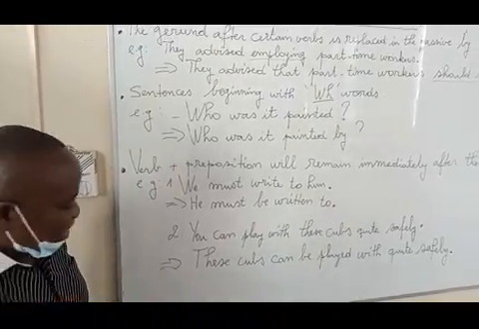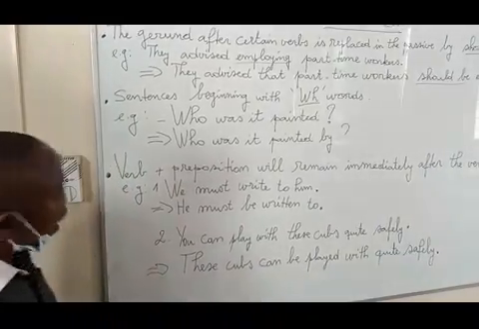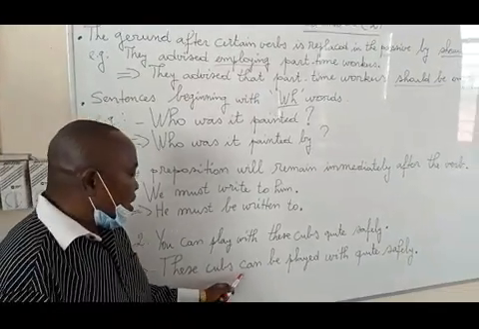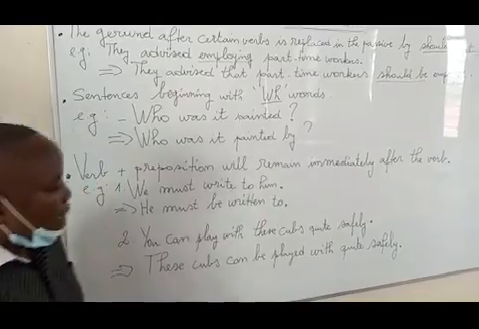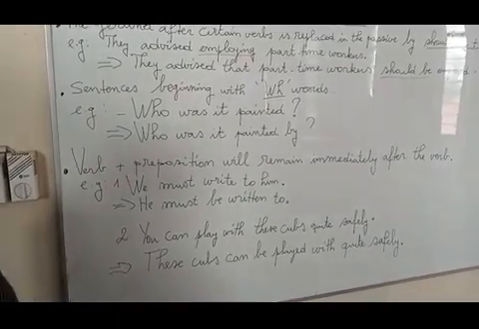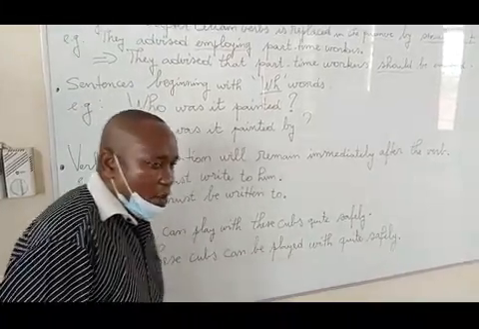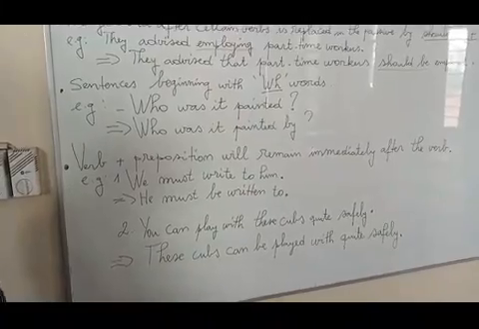Remember what I told you last time in the first lesson on passive voice. So here we say, these cards can be played with quite safely. So we see after the verb we have with, which comes immediately.